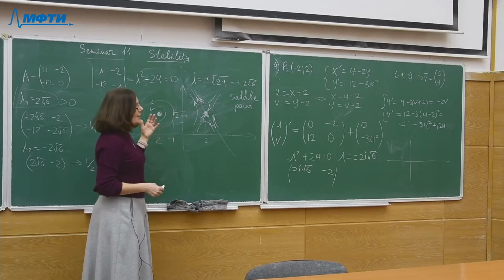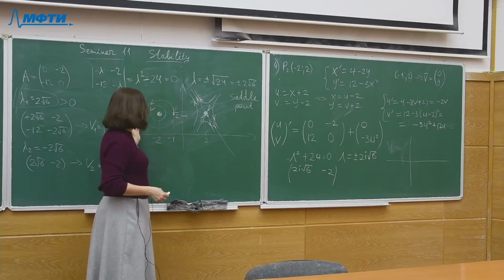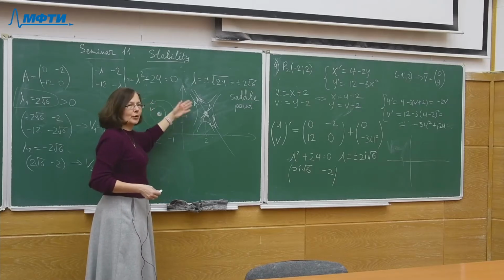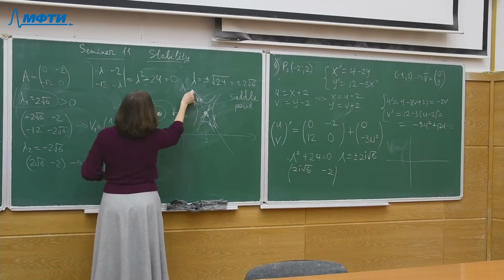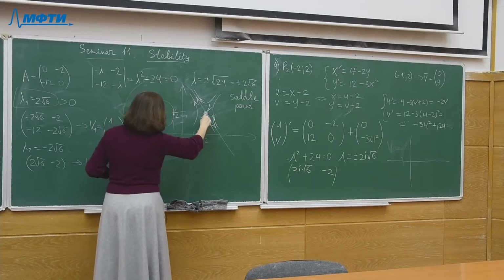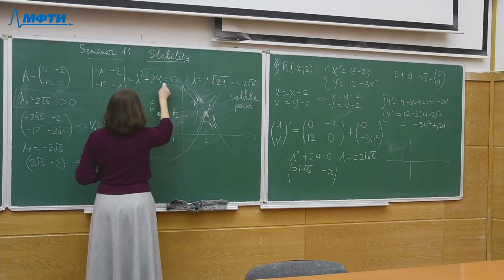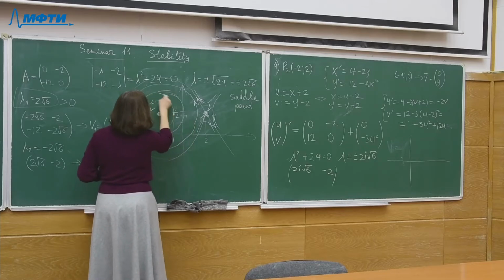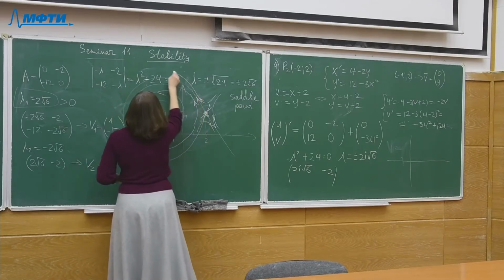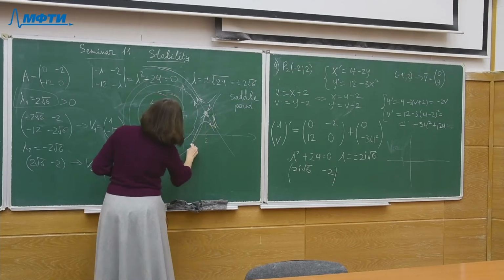But if we use some computer device and some graphing device to plot these graphs, you will see something like this. So I saw the global phase portrait. It looks like this, and then the trajectories go that way.